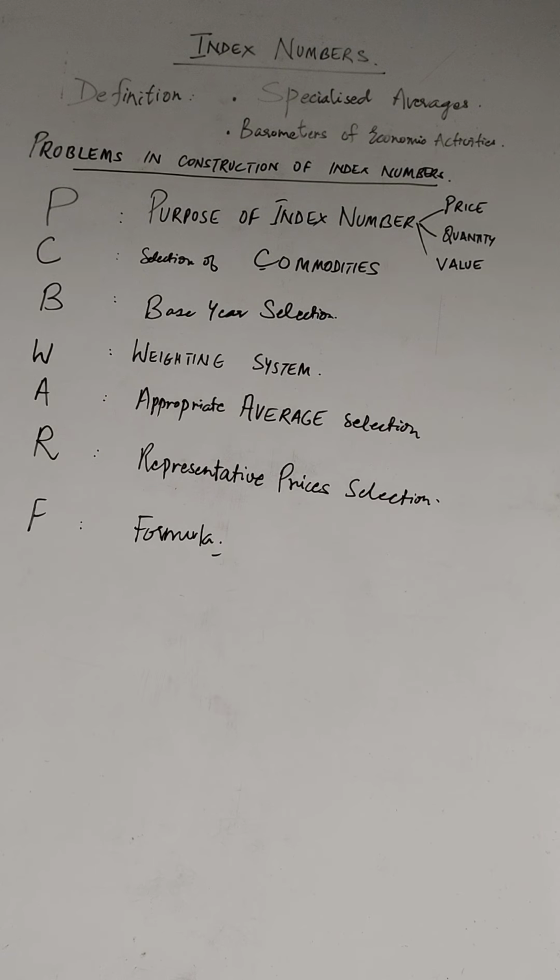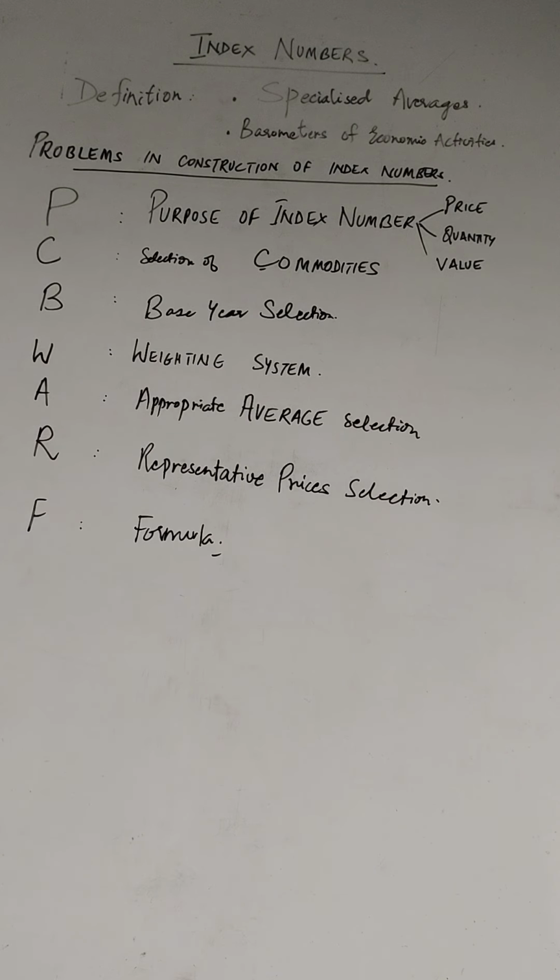It should be free from abnormal conditions like war, famines, earthquakes, booms and depressions in the economy. Suppose we are studying 2019 or 18, one can't take the base year as 1951. That will be absolutely useless.